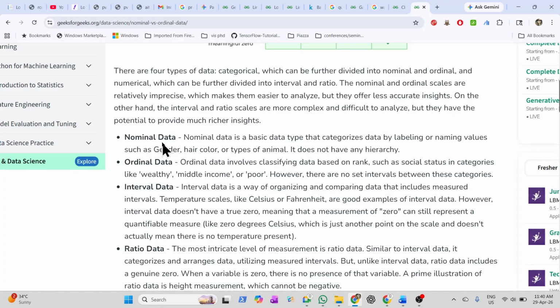Nominal data is a basic data type that categorizes data based on some labels. In nominal data, there is no hierarchy. In ordinal data, we have a hierarchy like wealthy, middle class, poor. Interval data can be like temperature scales, Celsius, Fahrenheit.